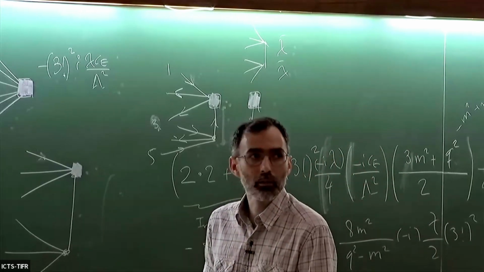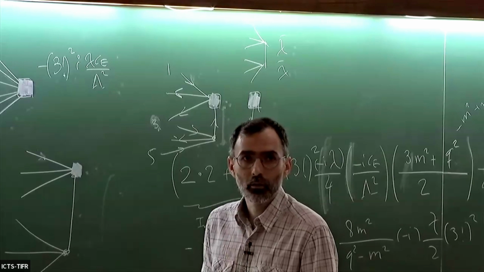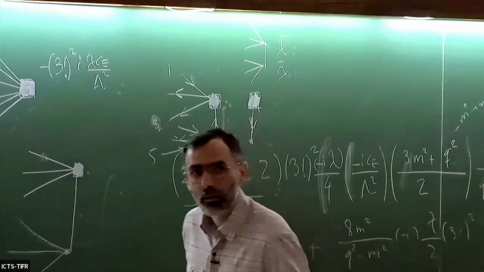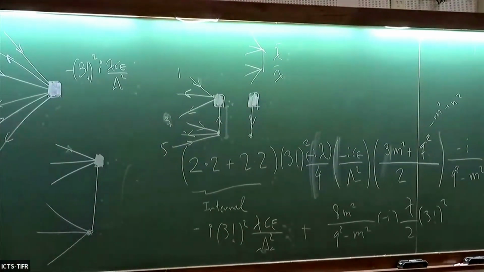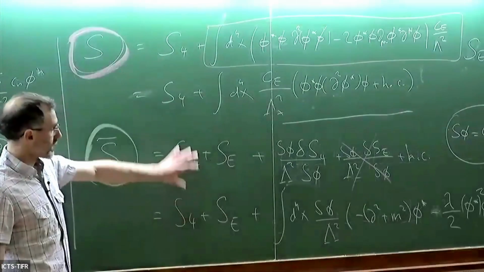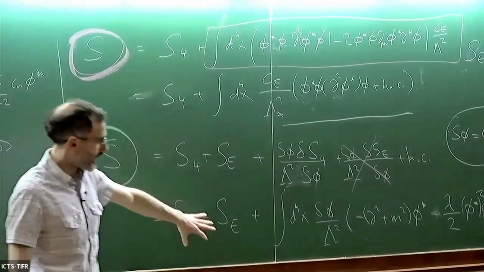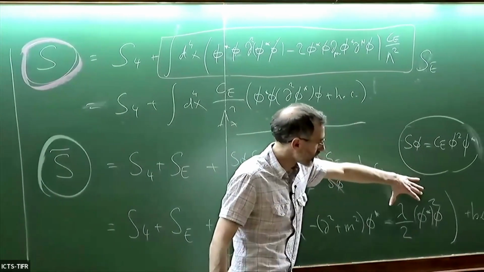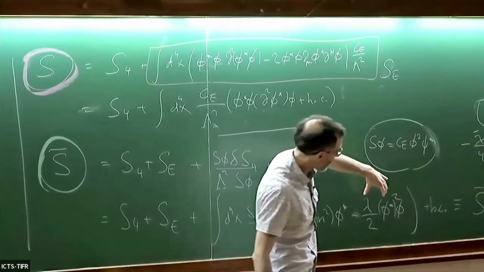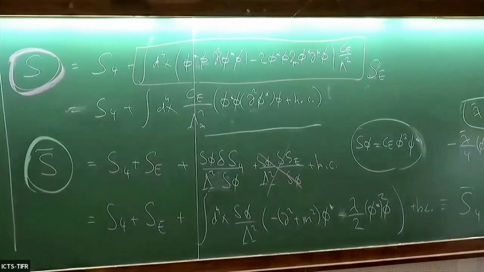Other questions? Yeah, so if you want at this level, this is a definition for convenience. What we have in here is S4, our original renormalizable Lagrangian, plus a dimension 6 operator after I substitute in here my equation of motion.